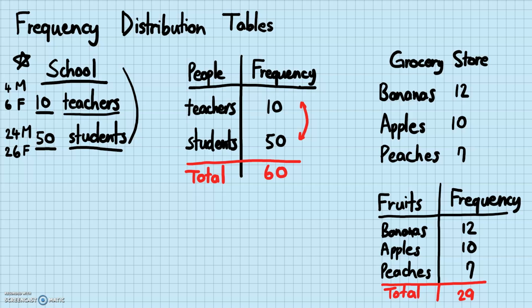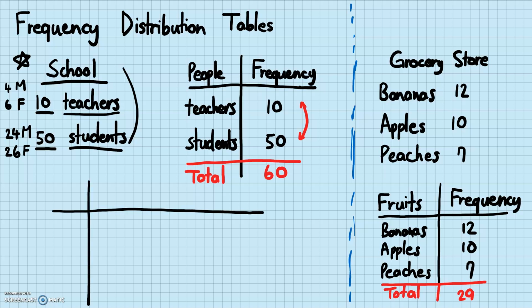So how is that going to look? Let me draw a dotted line here just to separate these two things, since these two are not related. Instead of having people and frequency like this, we're going to have gender on one side, because that's the information that we have, and then position.